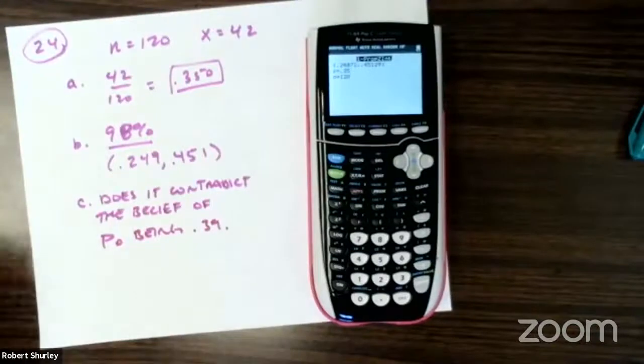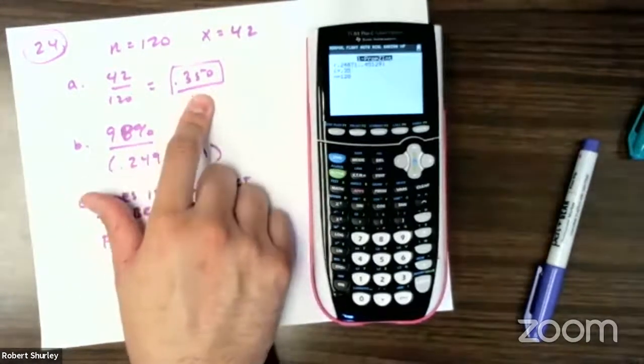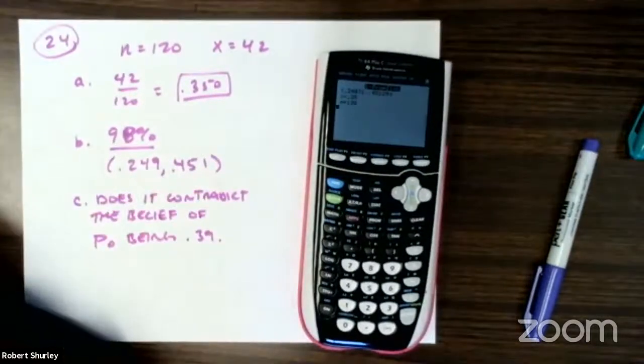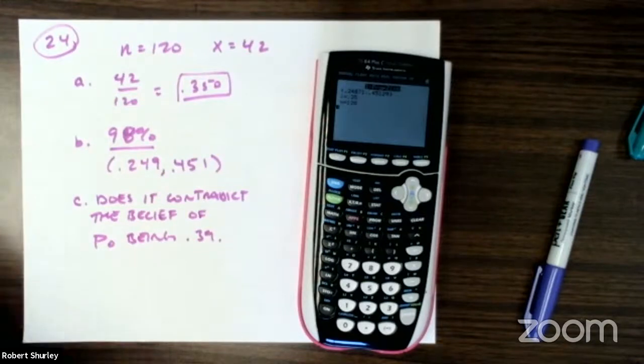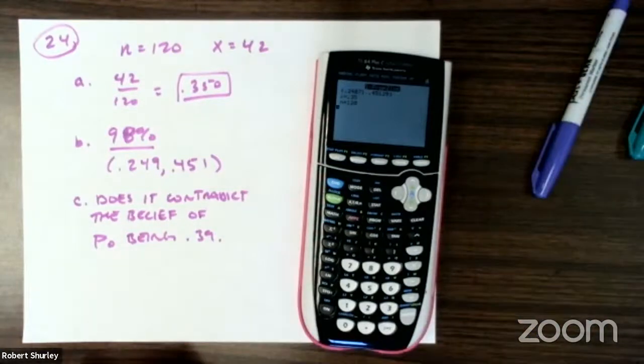No, it doesn't, because 39% is in between. Exactly, you're getting this. 39% is right there somewhere in between. Now, her sample was below it, but when we attach the confidence interval, it's somewhere in between there. So it's not contradicting. This is good stuff.